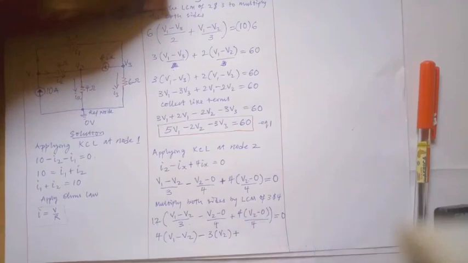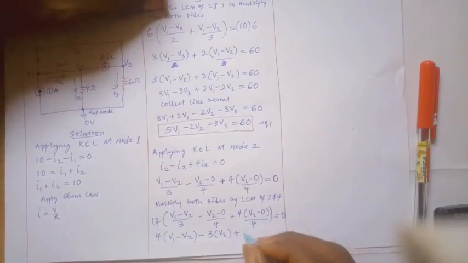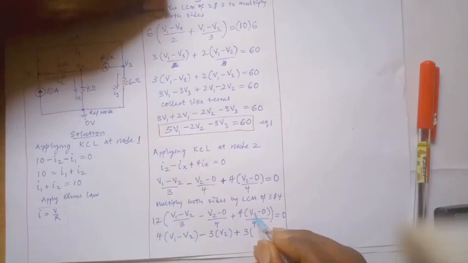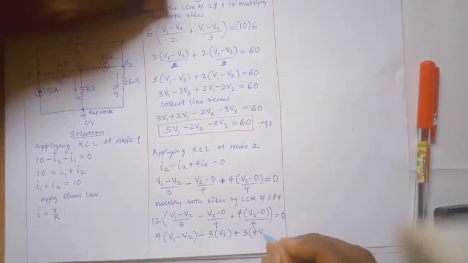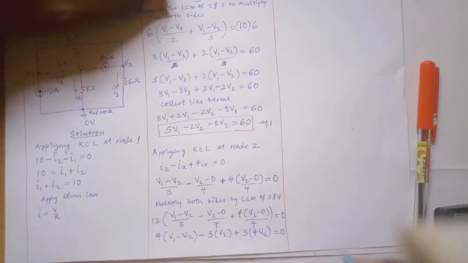But let's try something. 12 divided by 4, the way we were doing it before, gives us 3. It will now be 3 into bracket, you know, this one is 4 into bracket V2, so this one will be 4 times V2, so it will be 4 V2 equal to 0.